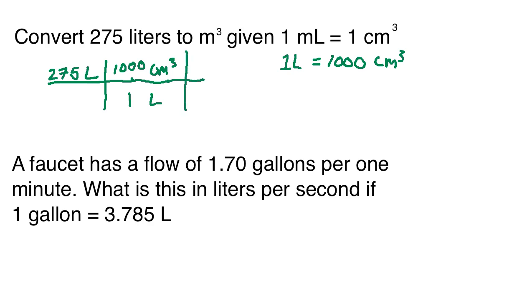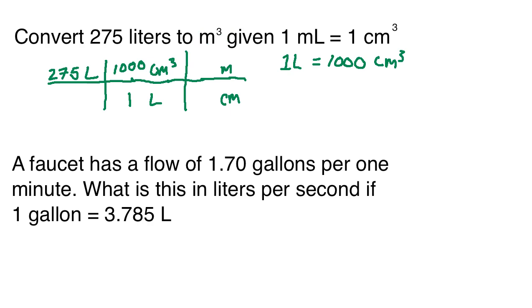So I can start with that. Now the next part of this, if I want to get out of centimeters cubed and into meters cubed, I have to think about how I would approach this. So let's think of the conversion of centimeter to meter. I want to get rid of centimeter, and we're going to have to cube this in order for it to cancel with what we have up here on the left. And I would like to bring it into meter. And again, I'm going to want to cube everything I have here because I'm looking for meters cubed as the answer. That's what I'm going after here.